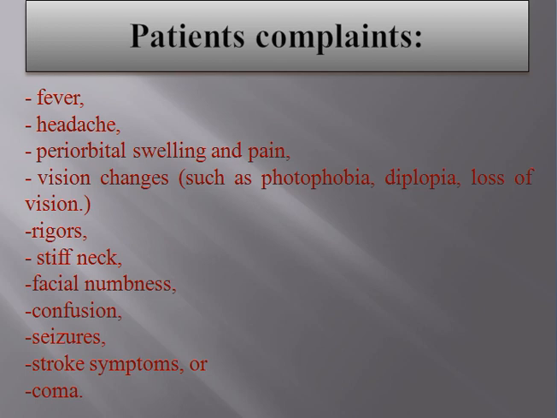Symptoms may be present at onset or progress subacutely over days. Usually it starts with one eye and then progresses to the other eye. Less common symptoms may include rigors, stiff neck, facial numbness, confusion, seizures, stroke symptoms, or even coma.